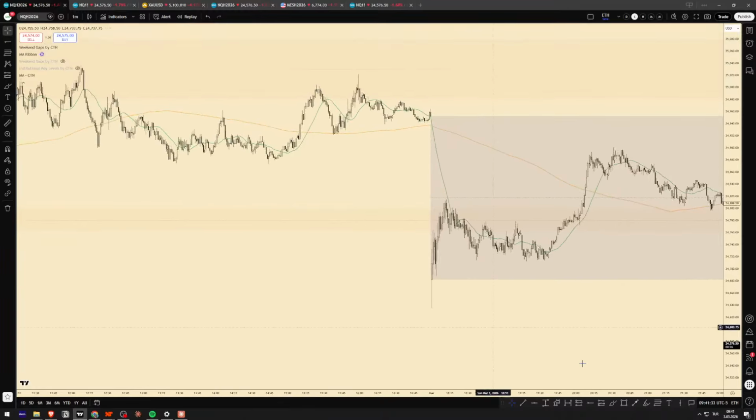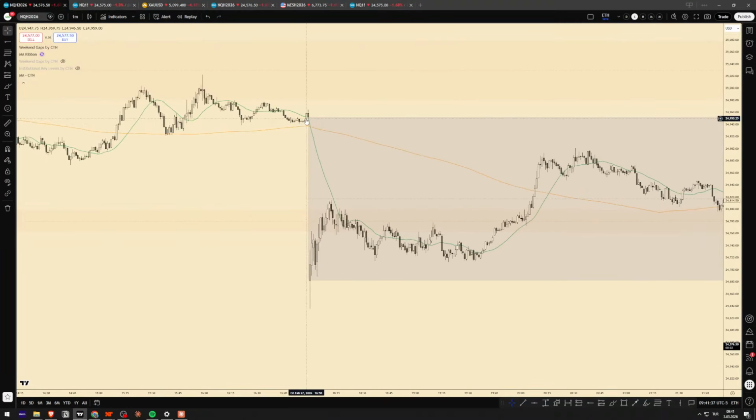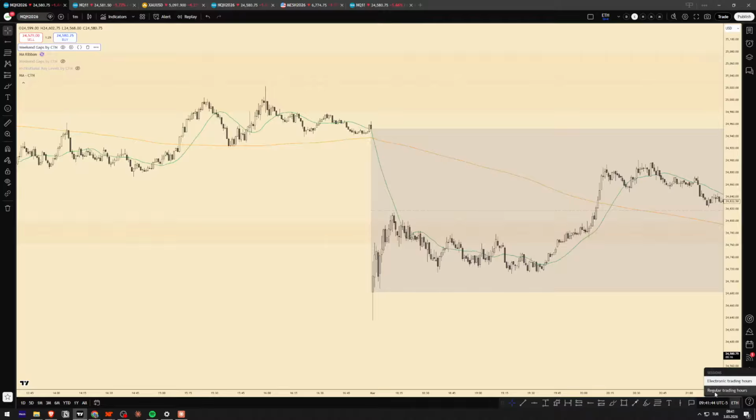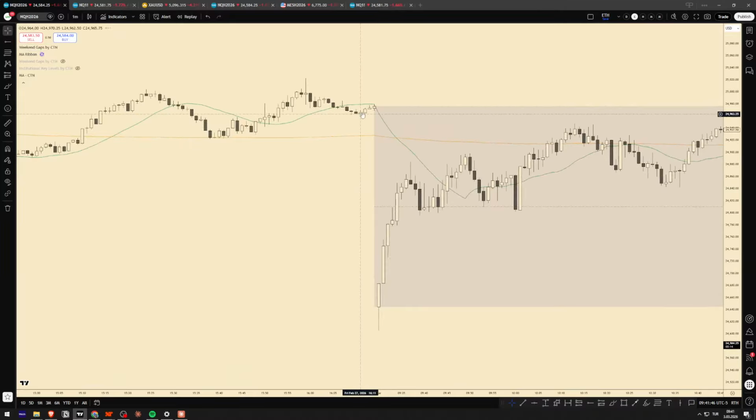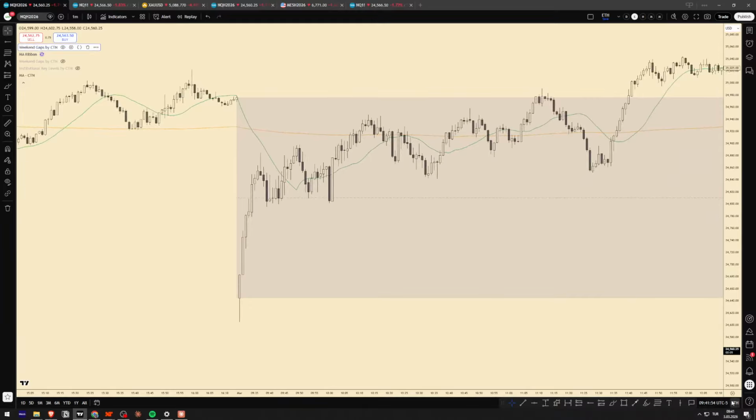Okay, this is the electronic trade hour. It shows us all of the trading sessions, including Asia, London, etc. And when we go into regular trade hours, it only shows us between 4:14 and 9:30, the regular trade hours.